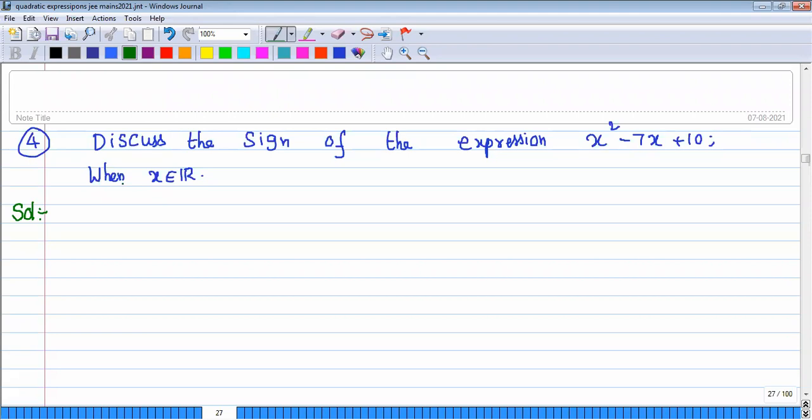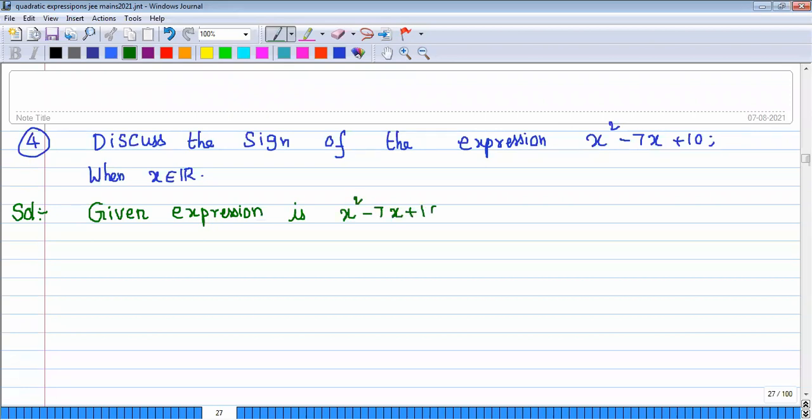Okay, tell me what is the first step? First we need to find the delta.